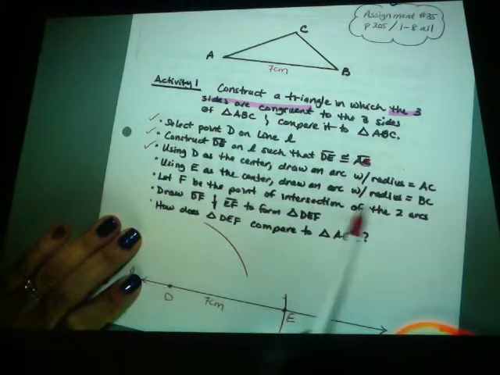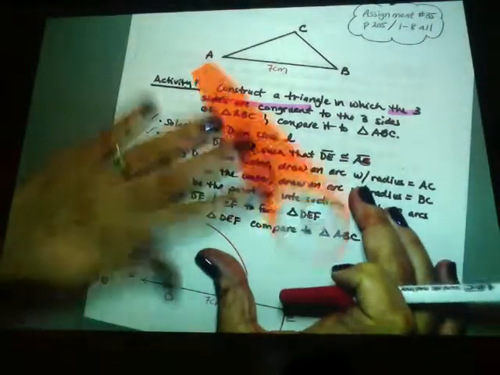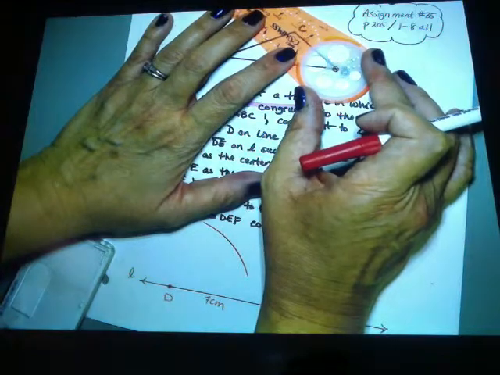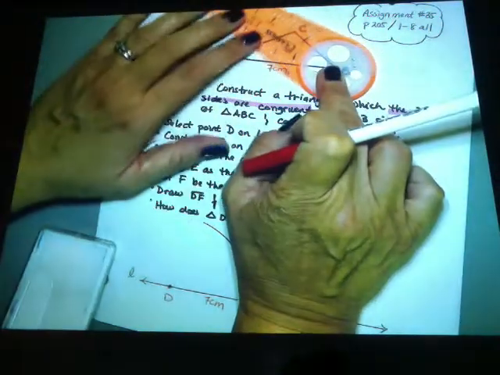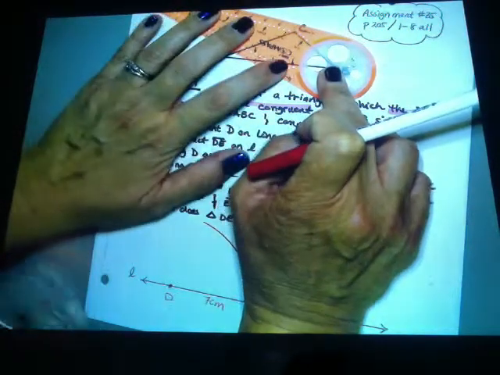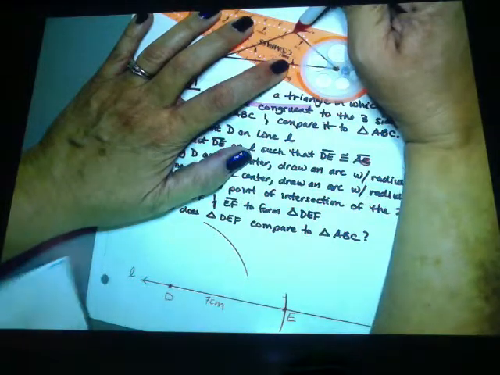Now it says using E as the center, so we're going to go from the other side. We're going to draw an arc with radius of BC. So let's find radius of BC. So put your brad at B. And then find the hole that best matches up with C, so that looks good to me. I put my pencil in that hole, right?